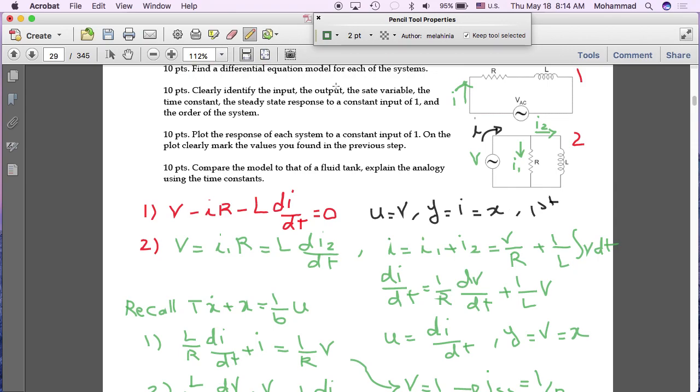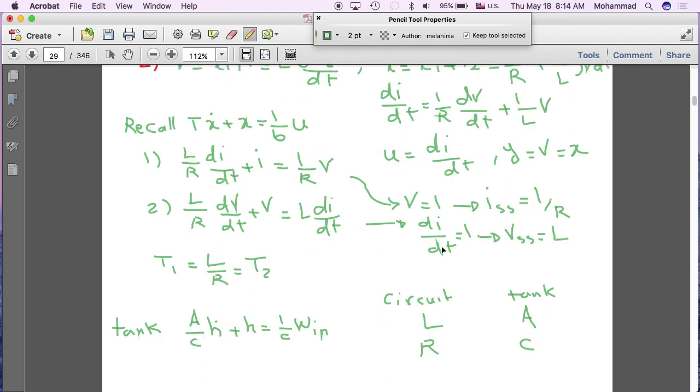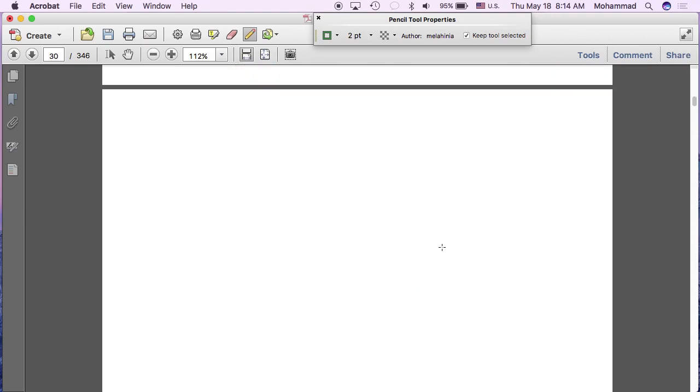Okay, I'll add a blank page here and we can take your solution. So we are talking about the second system, right? Let me draw it here and you can come up and share what you have. So we have a source of voltage, and then we have a resistance, and then we have an inductance, right?